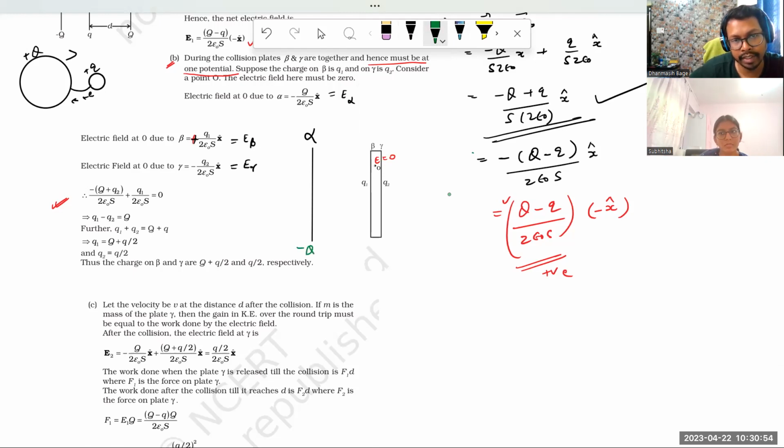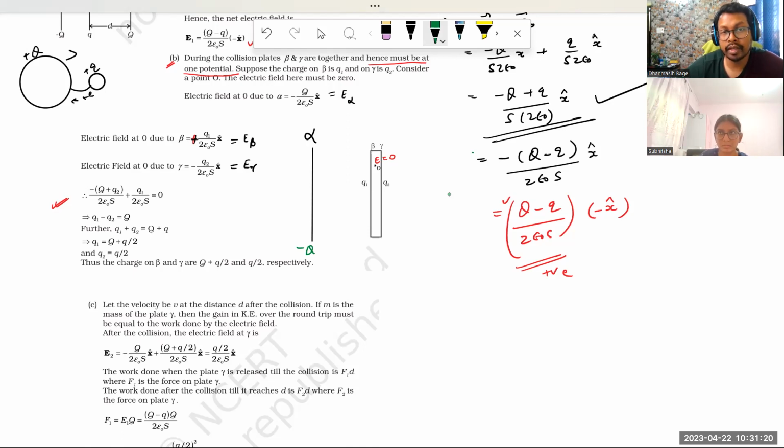Minus Q charge, right? So at O, the electric field due to alpha will be in which direction?